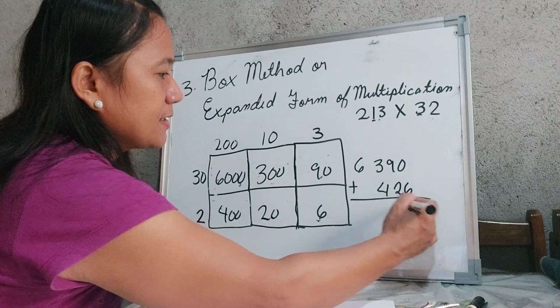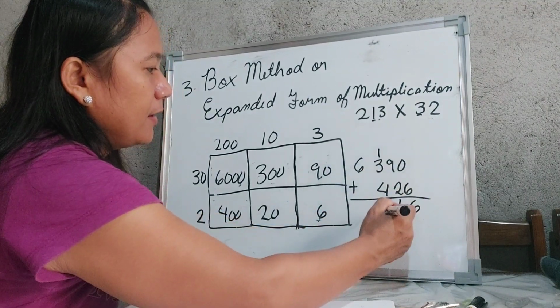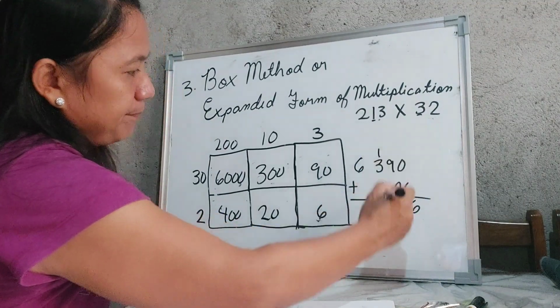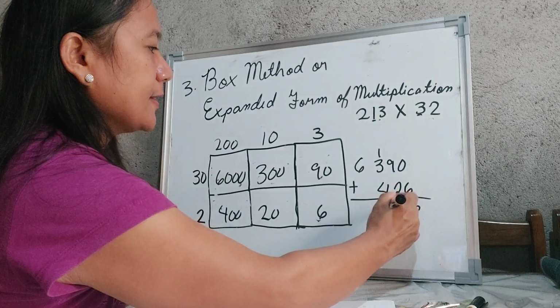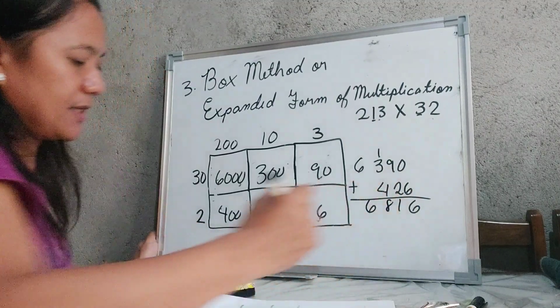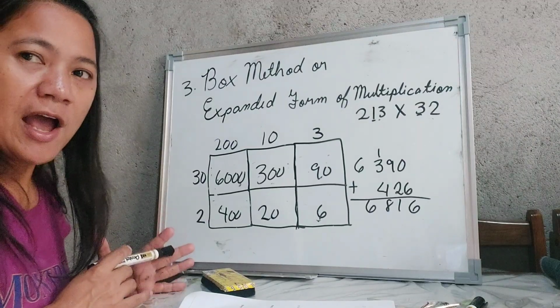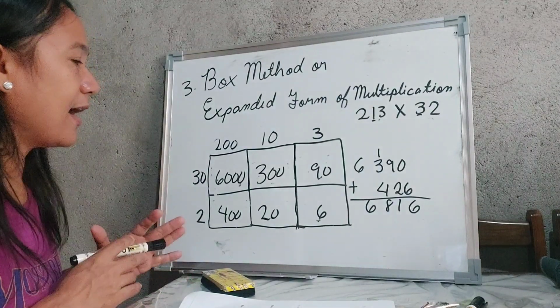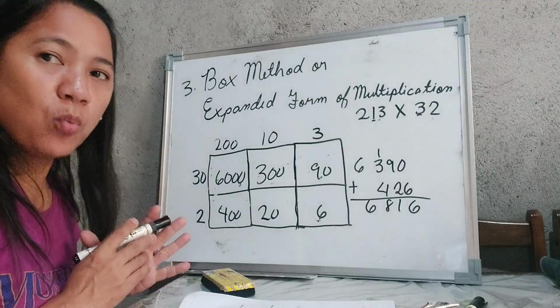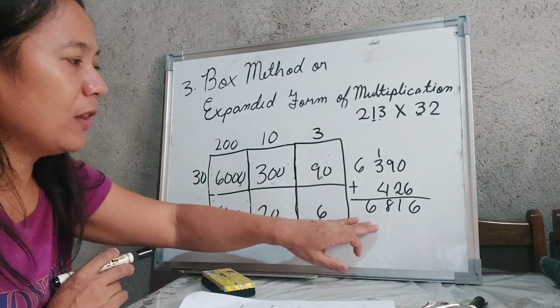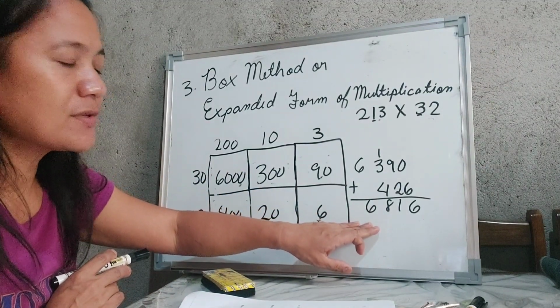So we have 6, we have 11, and we have 8, and write down 6. So the final product is also the same as in method 1 and 2. We all have 6,816.